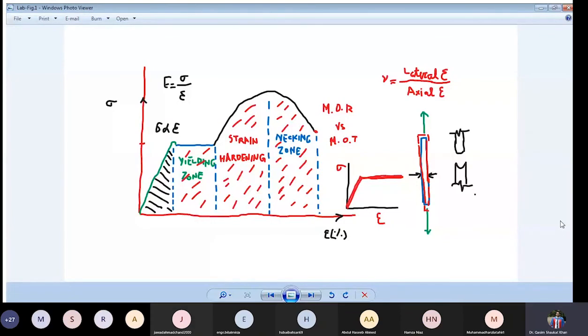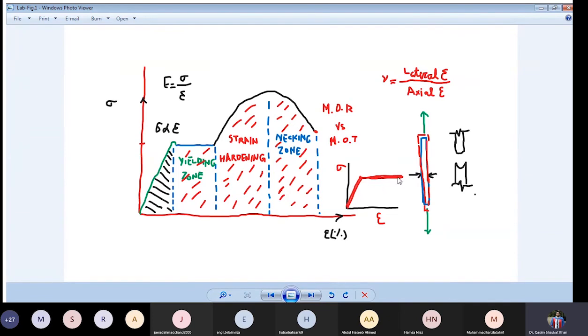Now see this. This is the stress strain curve. You get it? This is the linear elastic stress strain portion of the steel, then yielding, strain hardening, and necking zone. Now when we do the design, we assume the stress strain behavior of the steel as bilinear: linear elastic followed by yielding.